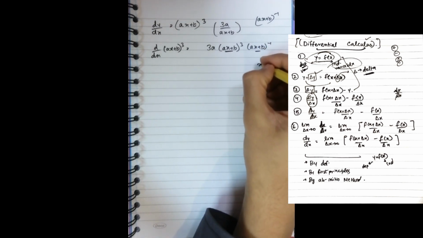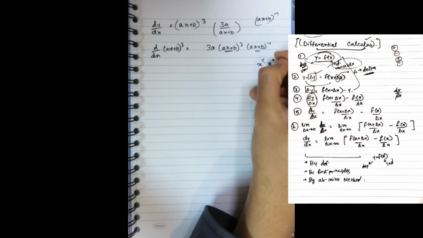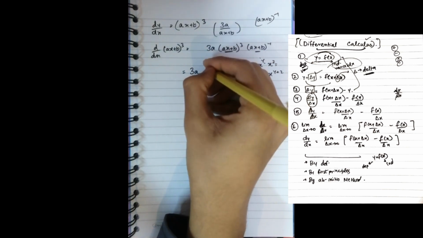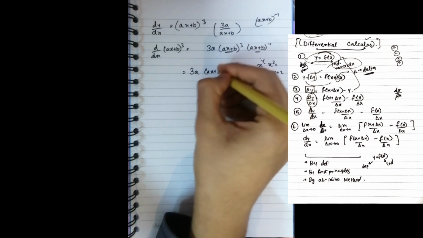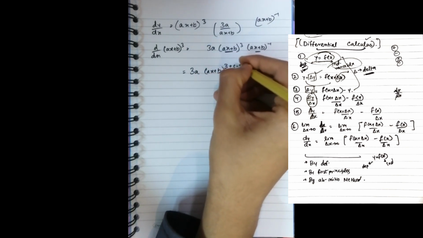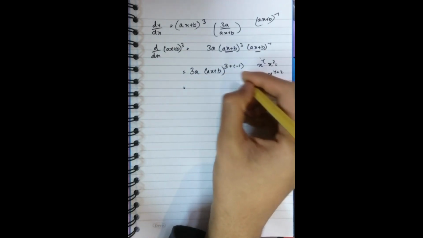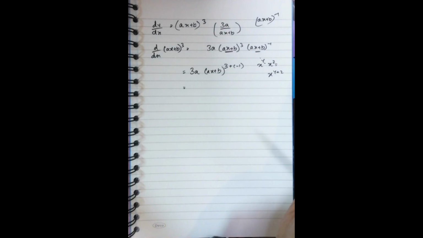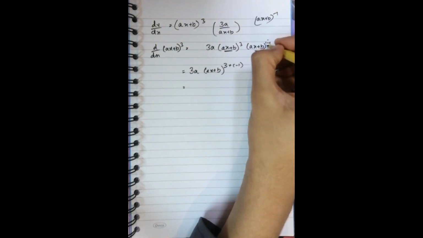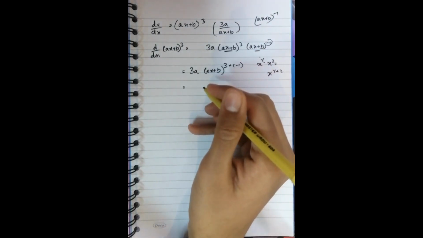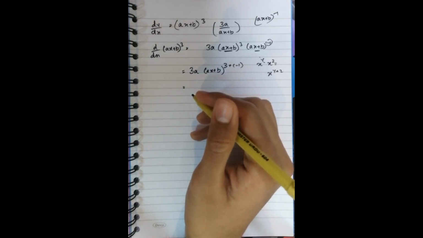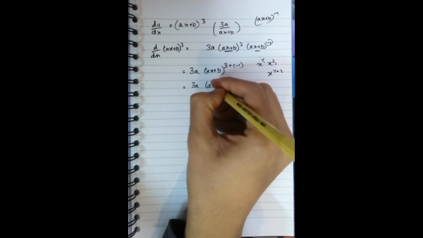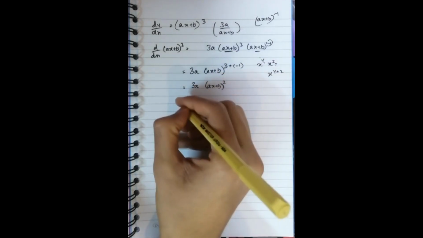This is an identity: x^y times x^z equals x^(y+z). So what remains is 3a(ax + b)^(3 + (-1)). We add 3 and -1, so 3a(ax + b), and what remains is 3 minus 1, which is 2. So this is the final derivative: 3a(ax + b)^2.